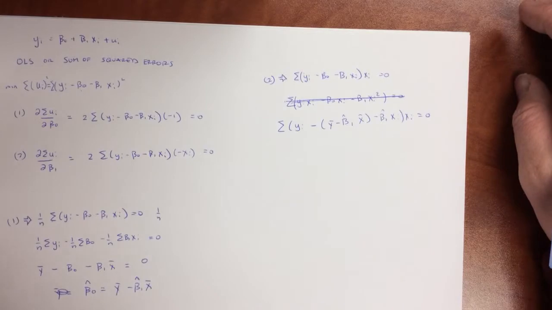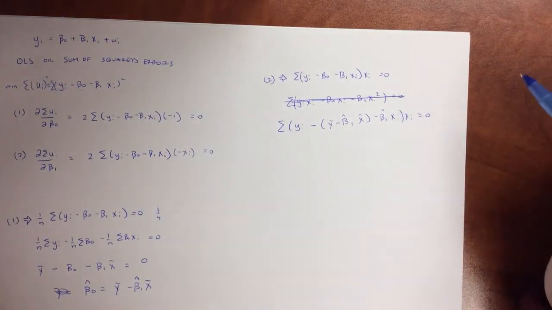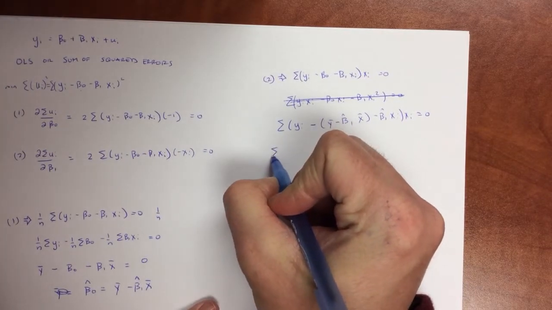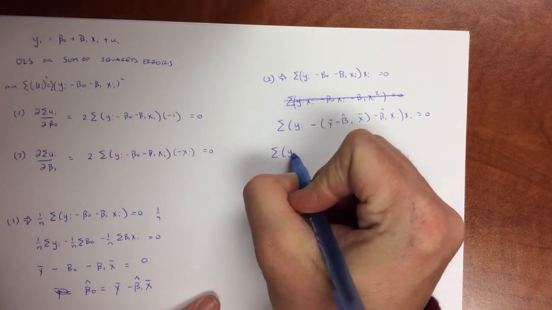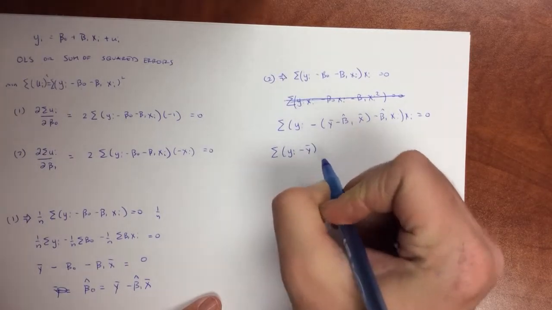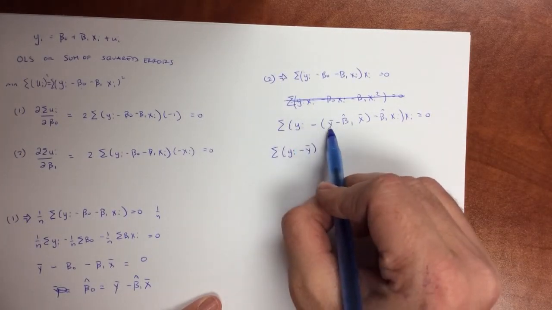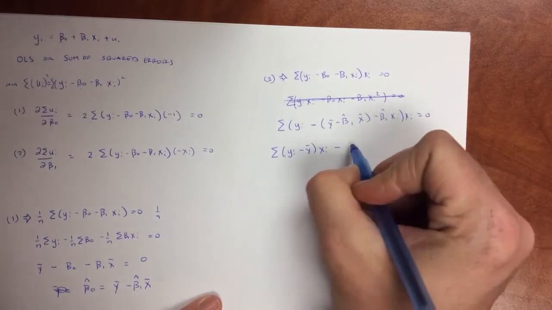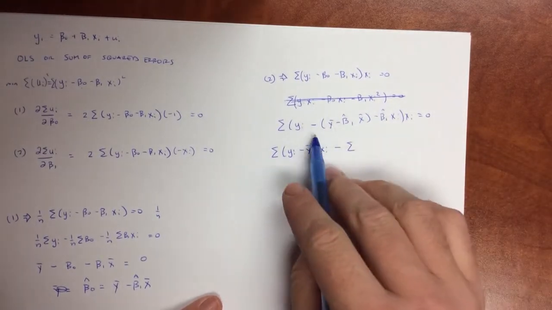What we can do is try to separate the beta 1s all by themselves. So we'll get the summation of y_i minus y bar, and we multiply that by x_i.